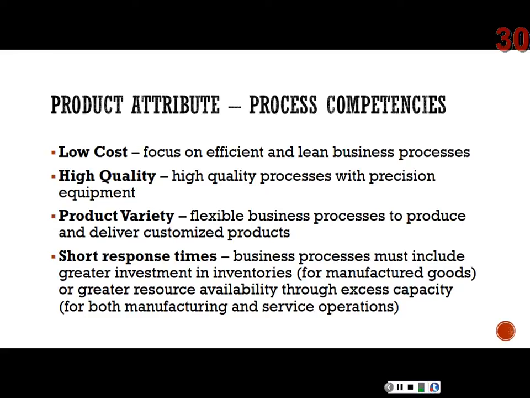Okay? Short response times. Business processes must include greater investment in inventories for manufactured goods or greater resource availability through excess capacity for manufacturing and service operations. That last one is exactly what we're talking about with McDonald's. They have the ability to flex up and get more people in the process when they need it, right? From a manufacturing standpoint, most of the production lines at Pella have 3 staffing levels, right?